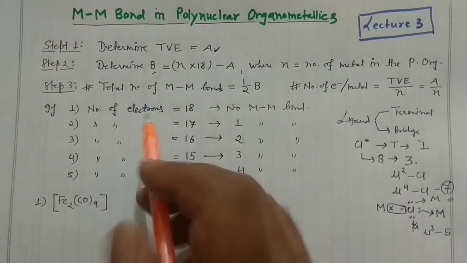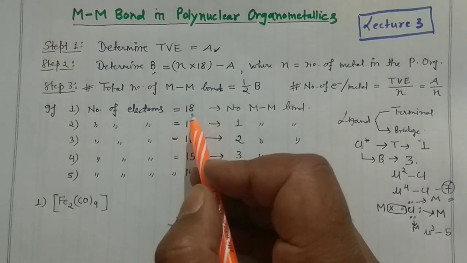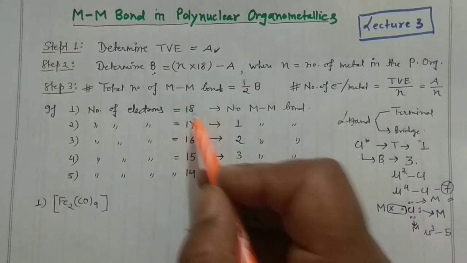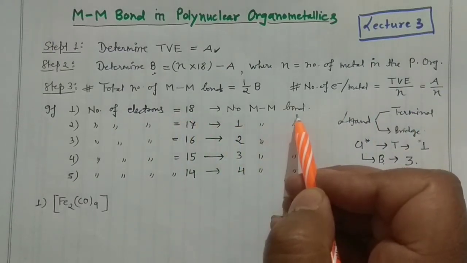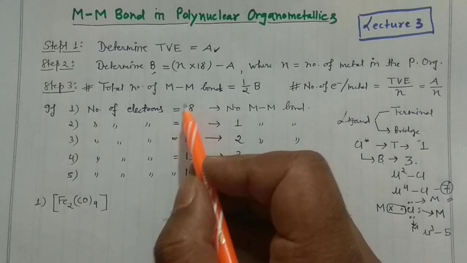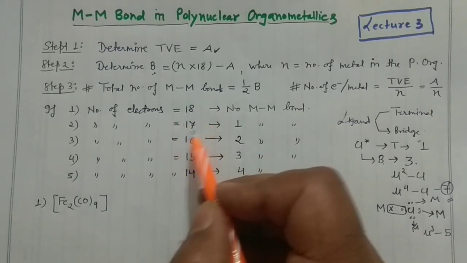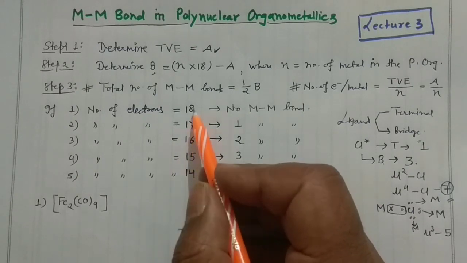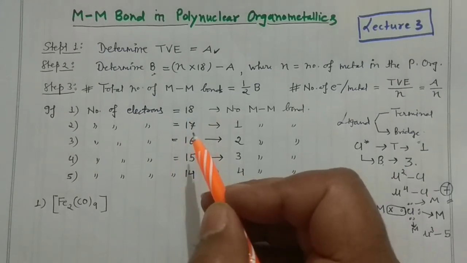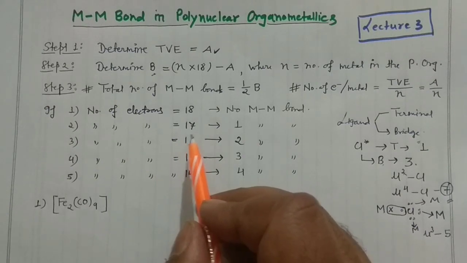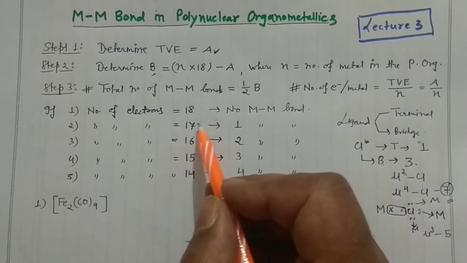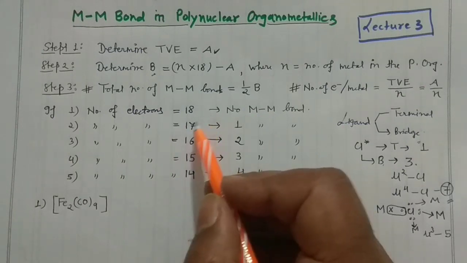Okay, so now you see, if the complex is following the 18 electron rule and your electron count in that manner is 18, then there would be no metal-metal bond. But if it is less than 18 by 1 unit, that means the number of electrons is 17 only, one electron is deficient, definitely there would be a connection between the two metals with a bond, right?